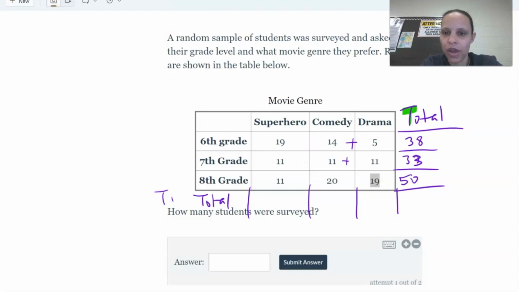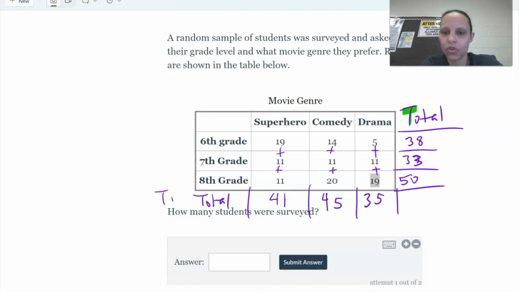And then you can also add it up and down. So how many in total, regardless of what grade they're in, like superhero? So adding all of these up, I'm going to have 30, 41. Adding all of these up, how many like comedy? So 5 to 4, 45. Adding how many like drama? So 6, 5 carry 1, 35.